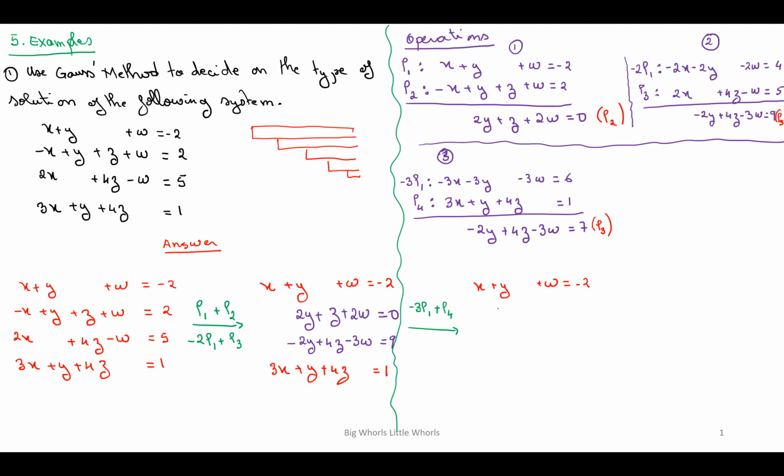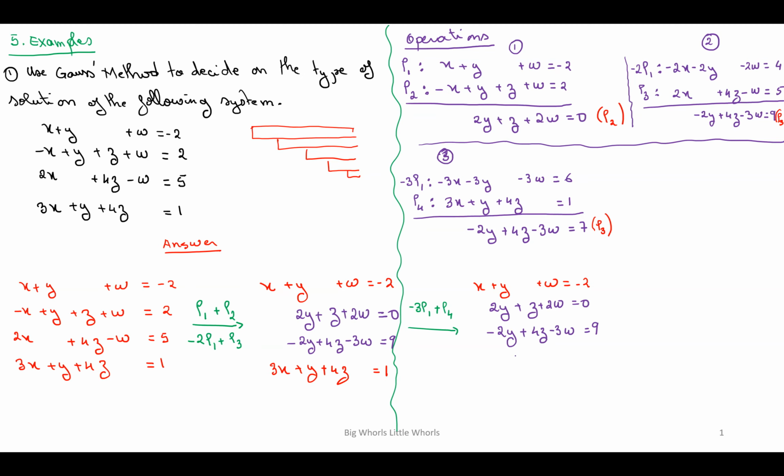But we have changed row 2. The change we have done previously to row 2 is 2y plus z plus 2w equals 0. We have also changed row 3: minus 2y plus 4z minus 3w equals 9.